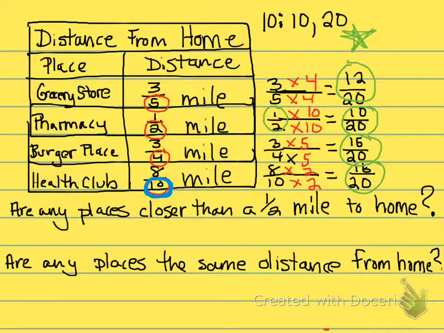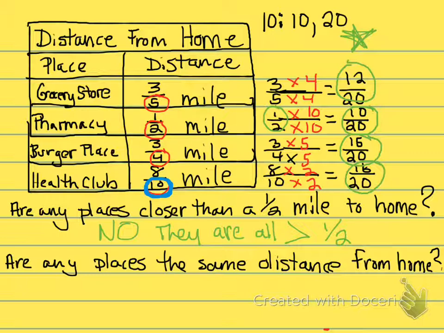None of these are less than 10/20. So no, there are no places closer than a half mile to home. They are all greater than half. Okay. The next question is, are any places the same distance from home?